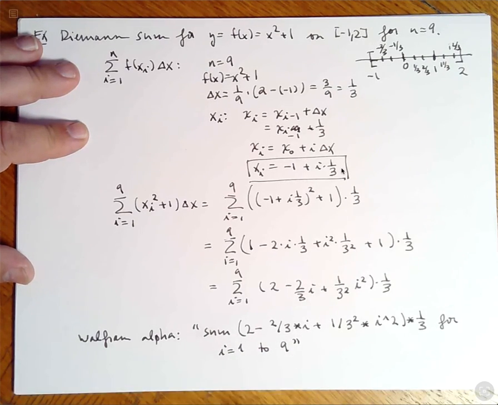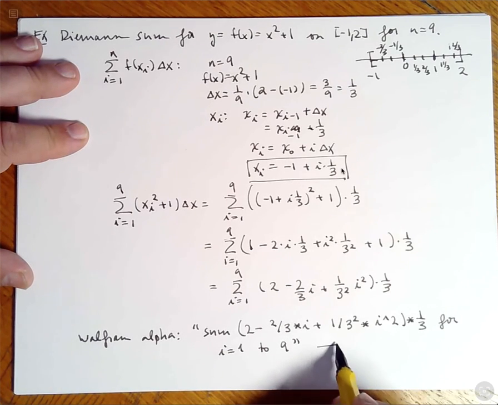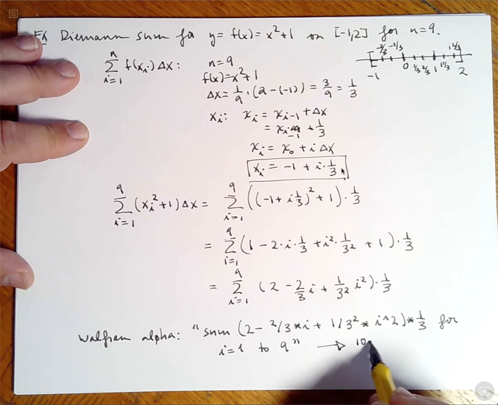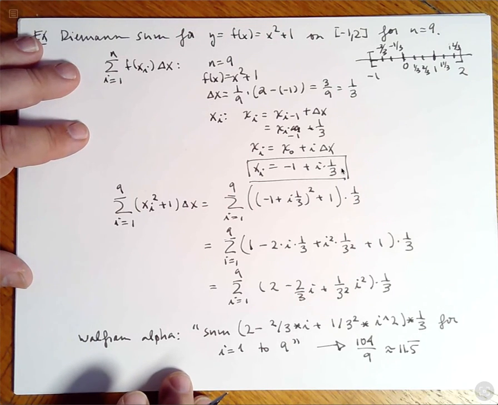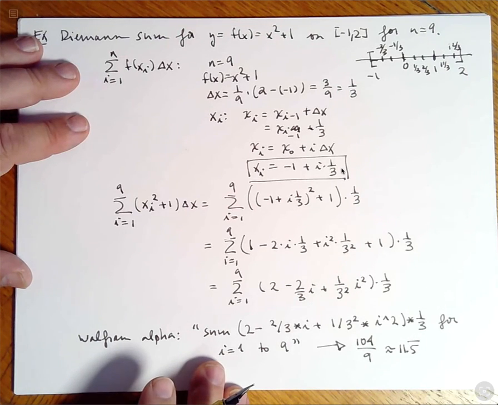That's something Wolfram Alpha is going to understand, and it's going to give you the number 104/9, which is approximately 11.5 repeating. And that's the approximate area under the curve.